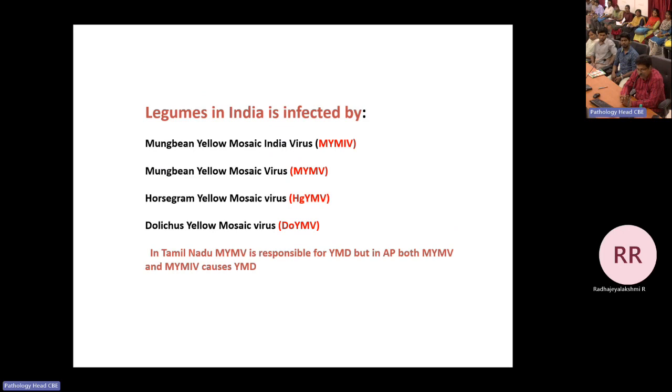What we found in our state in 2014 is that both are there, both the Mungbean yellow mosaic virus and Mungbean yellow mosaic India virus. That is true now throughout India, even Tamil Nadu, even North India. They have reported both species of Begomoviruses, both Mungbean yellow mosaic India virus and Mungbean yellow mosaic virus, in black gram. I think that is true with Mungbean also. So that paper came in 2015.